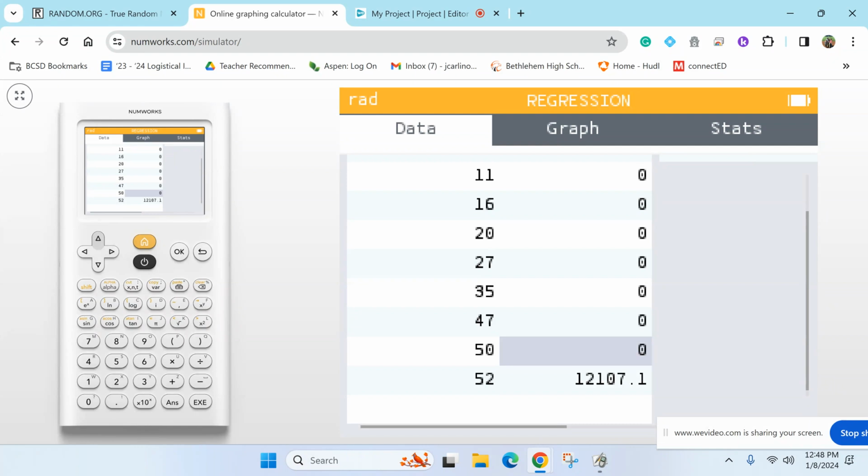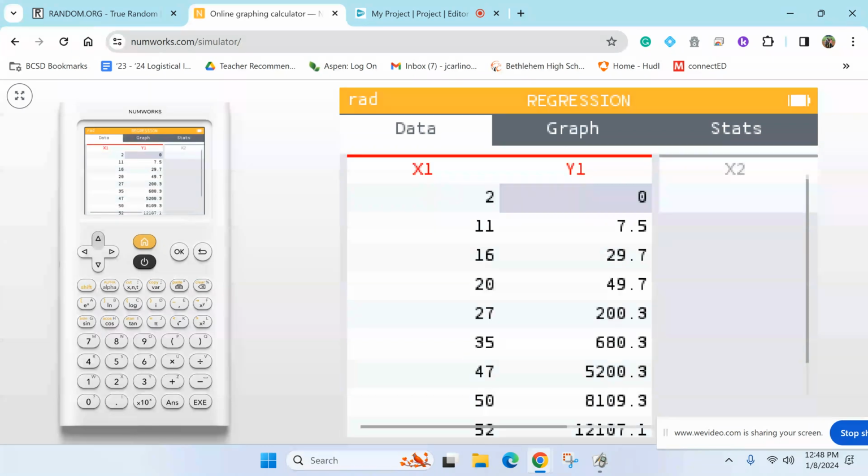Just matching up each of the values together. Okay, just take a look over your table of values. Make sure you're good. Matches up.